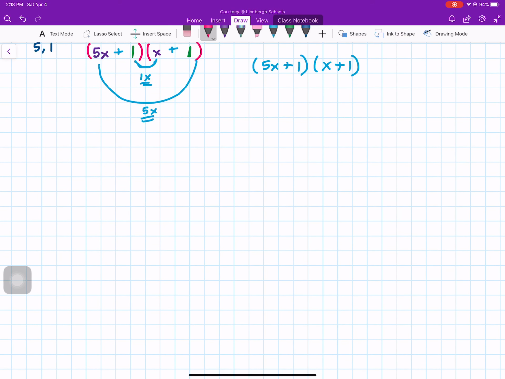Let's do one more that's maybe slightly more complicated. How about 7x squared plus 12x, minus 4.